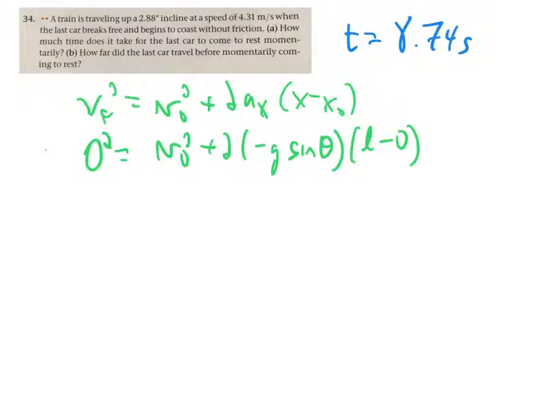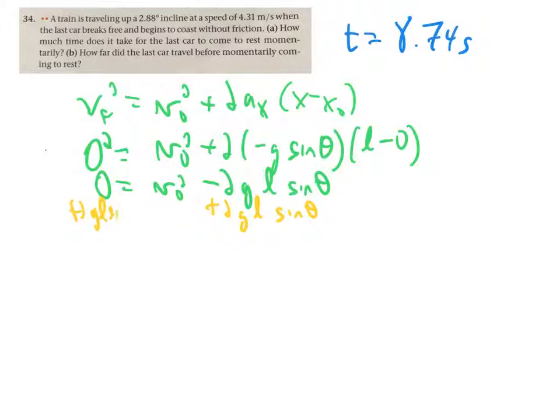And then we just solve for L. So we say this is 0 is V0 square minus 2gl sine theta. And then we add 2gl sine theta to both sides, which gives us 2gl sine theta is V0 squared, and then we divide by everything we don't want.